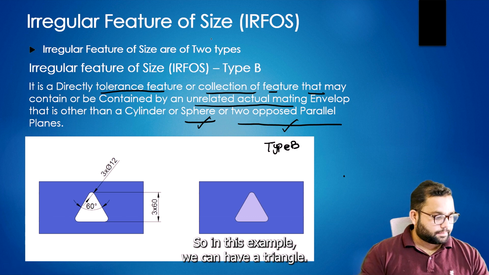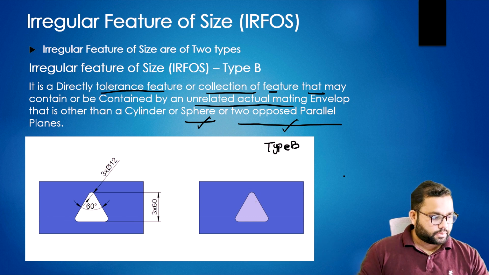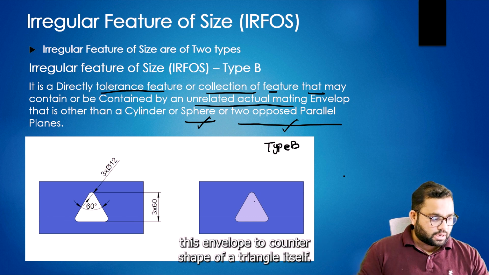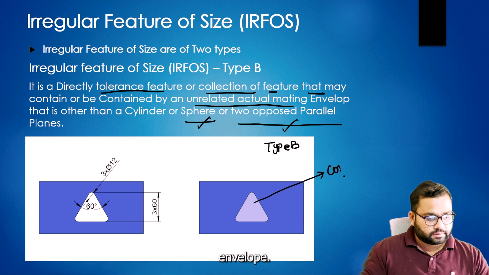So in this example, we have a triangle. I have already told you, to measure this triangle, we require an envelope. This envelope is to counter the shape of the triangle itself. So we have created a counter shape envelope.